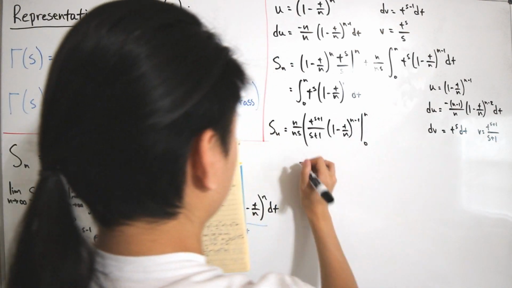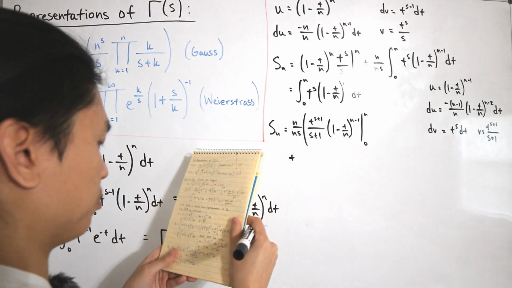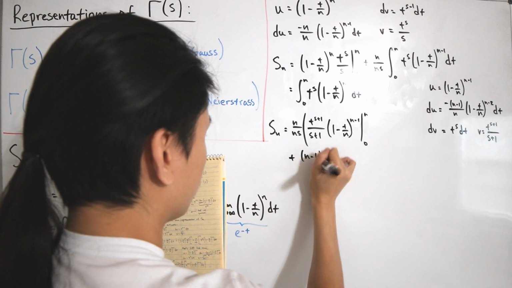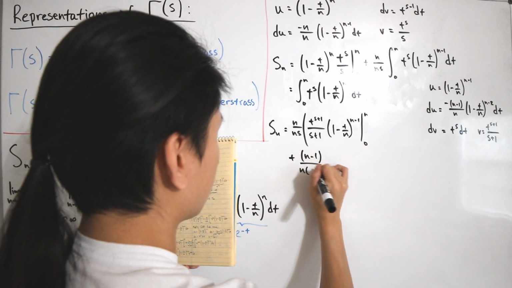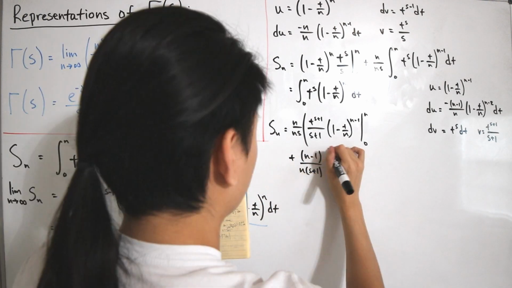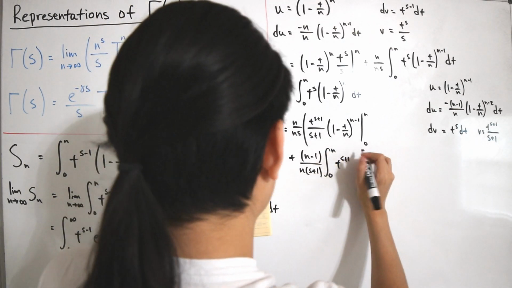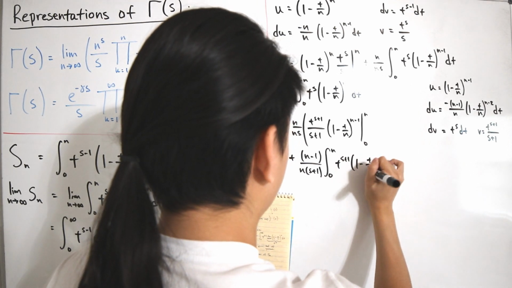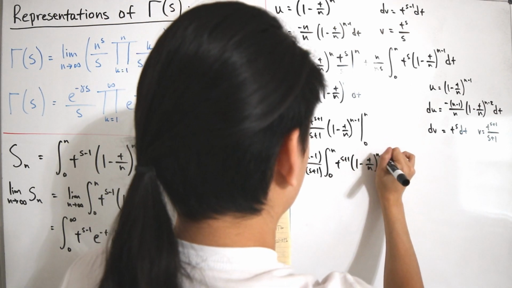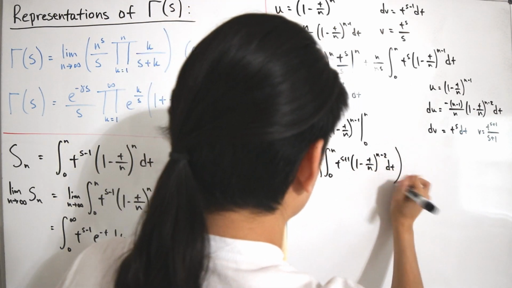Then add, let me move on to the next line, plus n minus 1, divided by n times s plus 1, multiplied with the integral from 0 to n of t to the power s plus 1, multiplied with 1 minus t divided by n, to the power n minus 2 dt, and then I'm going to close this parentheses off.